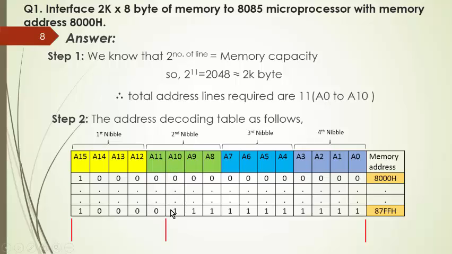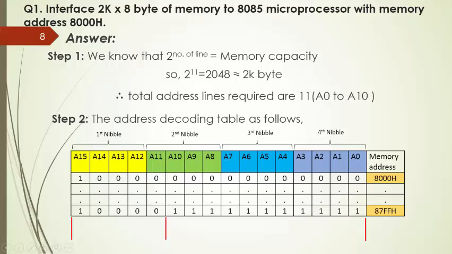So separate these A0 to A10 address lines first. Draw a line like this, so there is a group of A0 to A10 and a group of A11 to A15.